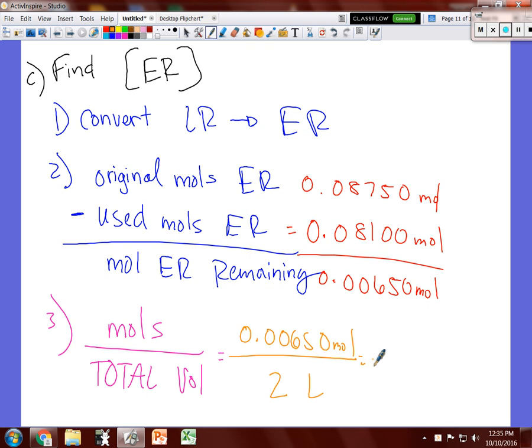You took solution A, solution B, what'd you do? You poured them together. So that makes your volume double. Now, what if it would have been 2.5 liters of each? Now, obviously, all your mole stuff would have changed, but what would you be dividing by? Dividing by 5. Okay, so you have to account for the change in the total volume when you pour these two things together, because this is important.